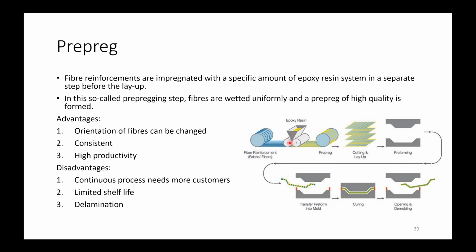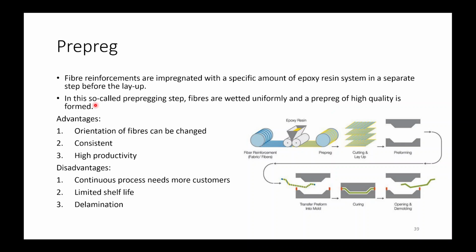Epoxy resin is filled into these reinforcements, and this pre-preg, after cutting and layup, will be pre-formed into this shape, and then it will be placed into the mold, then it will be cured, it will be heated, then it will be ejected from this die, and it will be the product. In this so-called pre-pregging step, fibers are wetted uniformly and a pre-preg of high quality is formed.